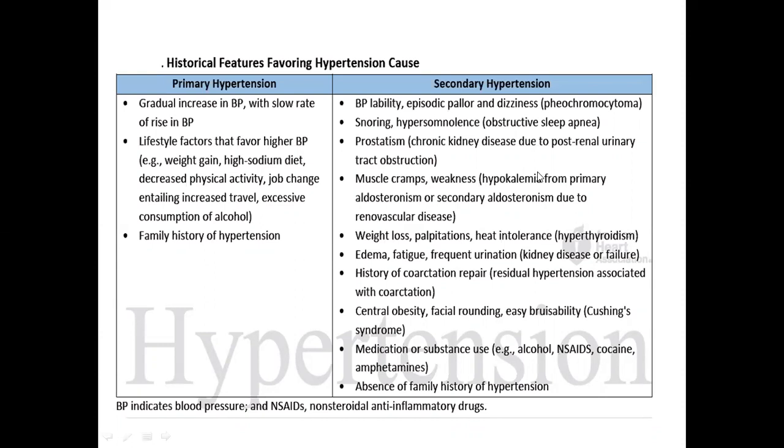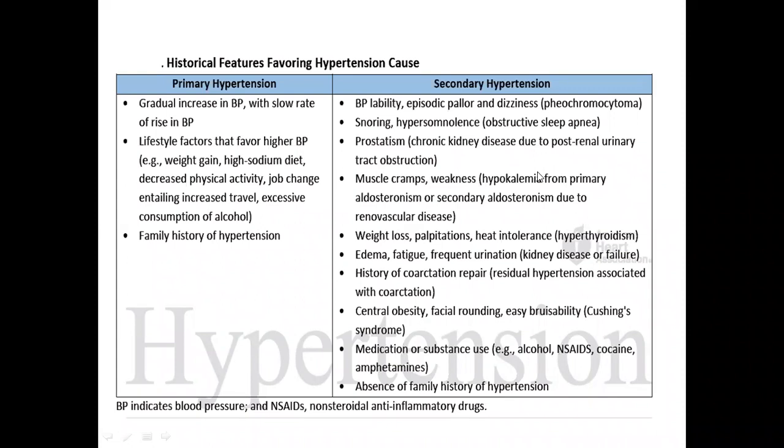In pheochromocytoma, you can ask the patient about episodic palpitations, headache, BP lability, fluctuating BP. In the case of CKD, you can ask about other manifestations of kidney disease, like swelling of the legs and other things, as well as muscle cramps. Based on the cause of secondary hypertension you are thinking of, you should ask targeted questions to seek signs or symptoms related to those diseases, to identify secondary hypertension.